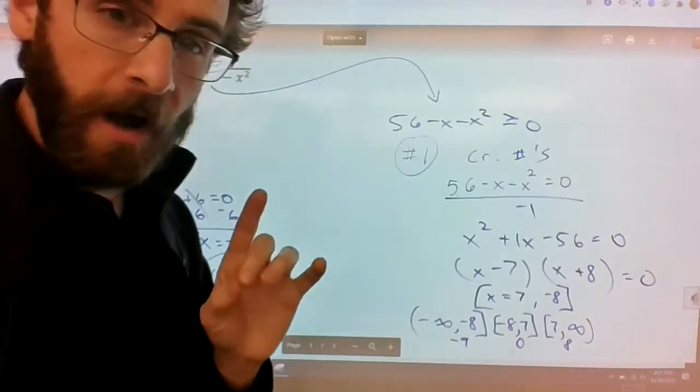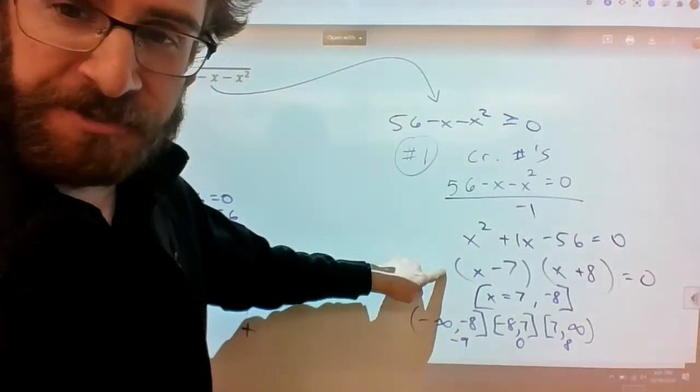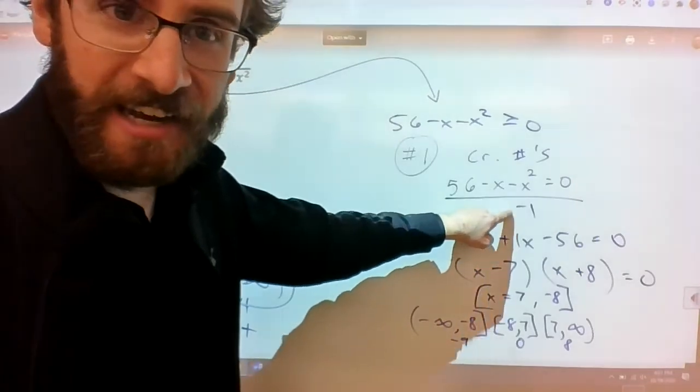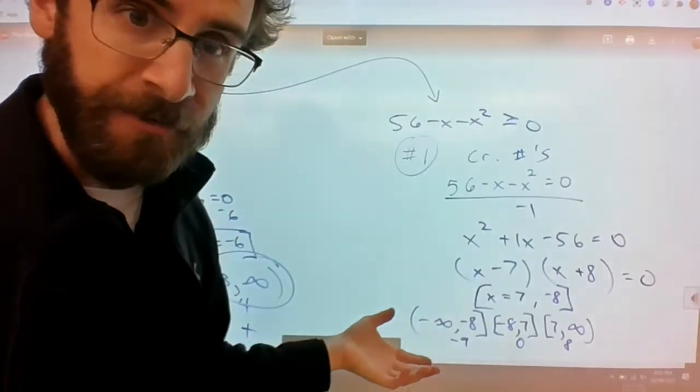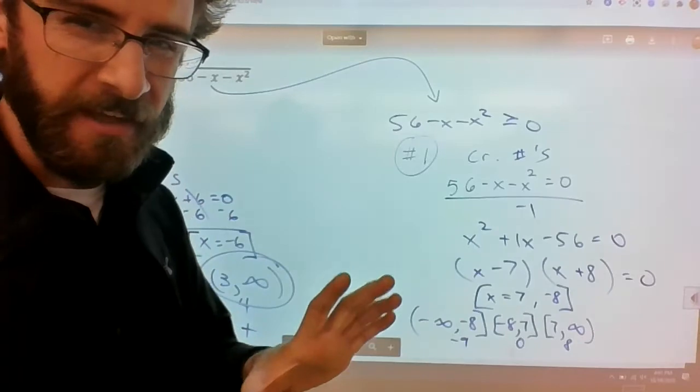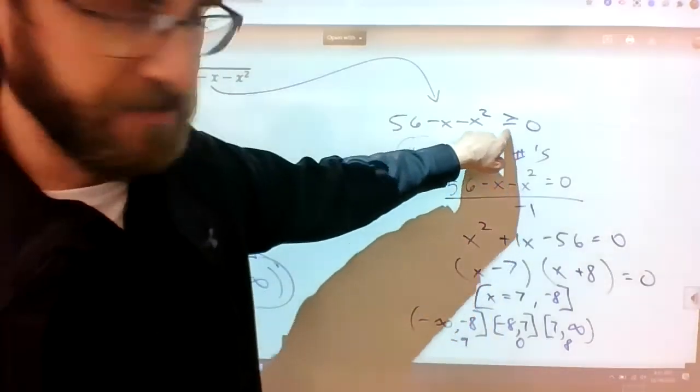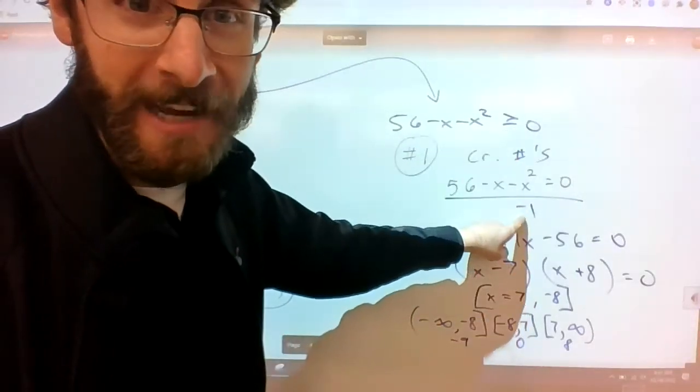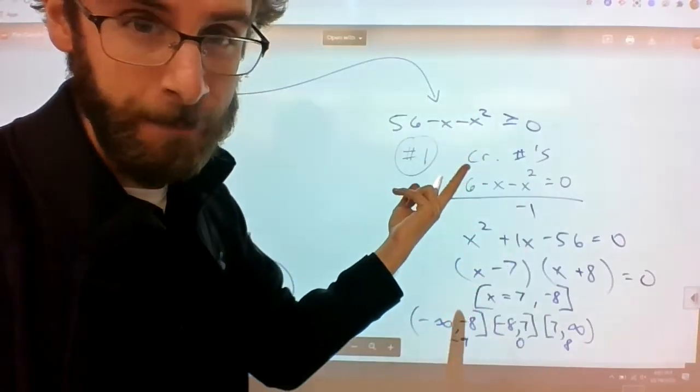And actually, you know what? I can't plug it into this value because I divided by that negative 1. Dividing by that negative 1 sort of messes with things, particularly because of the inequality symbol. When you divide by negatives, it flips the symbol.